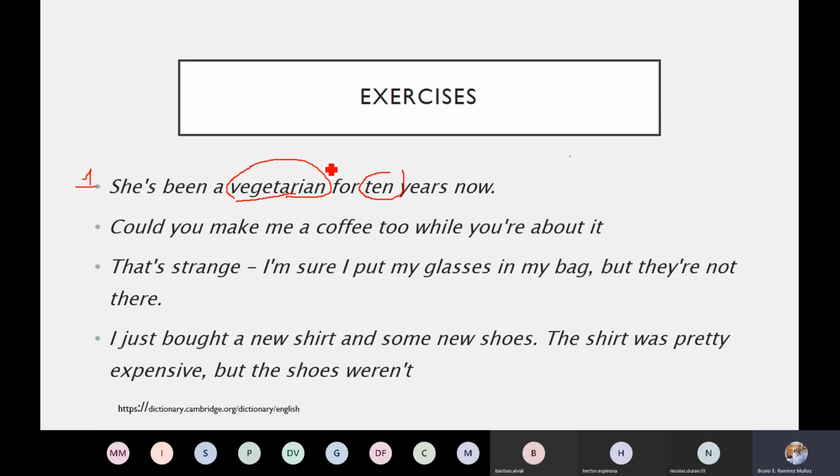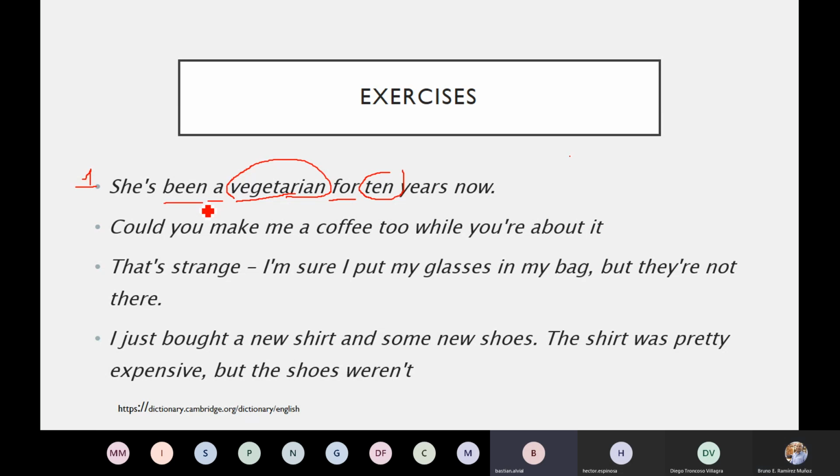And which elements do you think are going to be used in their weak form? Four. Four, perfect. A vegetarian. The A, excellent. Is, excellent. Been. Mm-hmm.